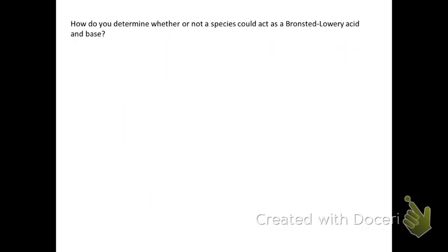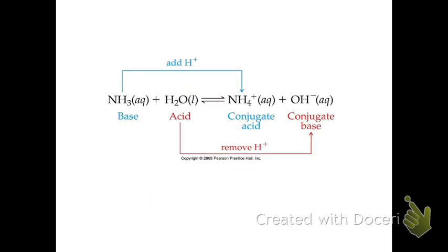Okay, we're going to speed through here to our end. We talked about conjugates, acid-base conjugates. Just remember, when we do one more example here, let's say OH minus, and we'll say that this is the base.